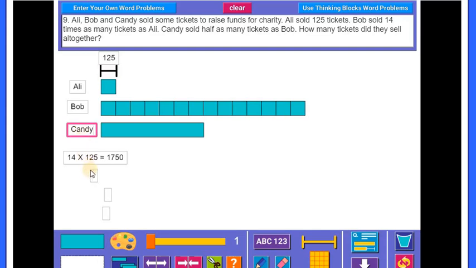For Candy, half means half as many tickets as Bob. So Bob's tickets, 1750, divided by 2. You can also make a long division on your scrapbook, and I got the answer, 875.